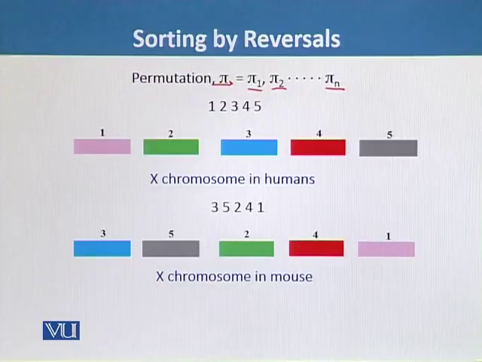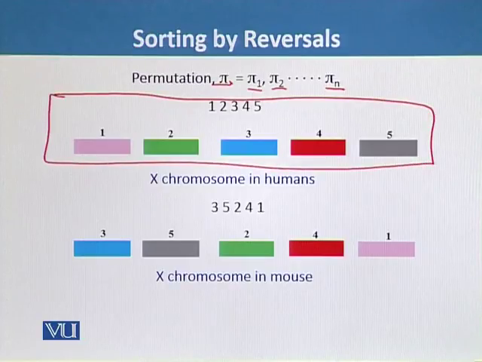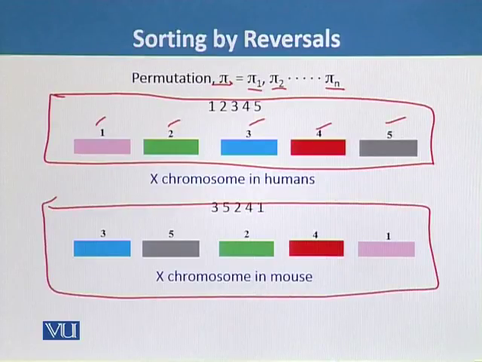As we have seen previously, in the human X chromosome, the syntenies were in the order 1, 2, 3, 4 and 5. But in the mouse X chromosome, although it has the same syntenies, they were arranged in a different order: 3, 5, 2, 4 and 1.